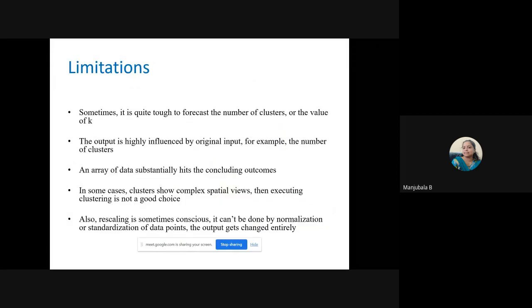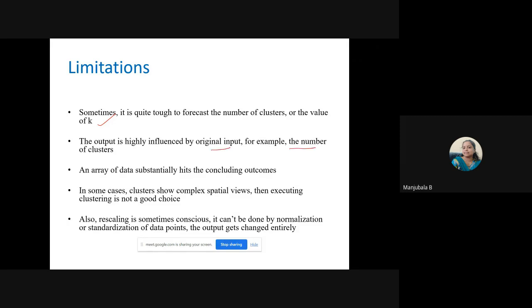Coming to the limitations of k-means clustering, k is a user-specified value. The partitioning of the data into a number of clusters depends upon the value of k, so the output is highly influenced by the original input, which means your number of clusters.